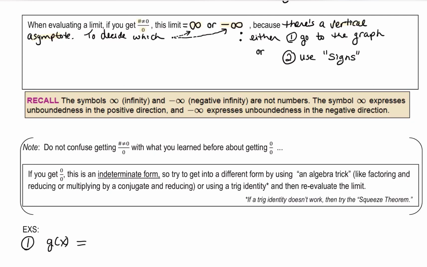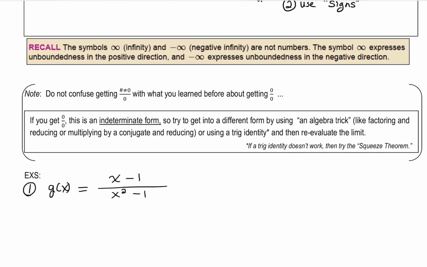Suppose I have g of x equal to x minus 1 over x squared minus 1. And we're going to just do a couple parts here. Suppose I wanted us to look at the limit as x approaches 1 from the left. I want you to go back to the same line of thinking.